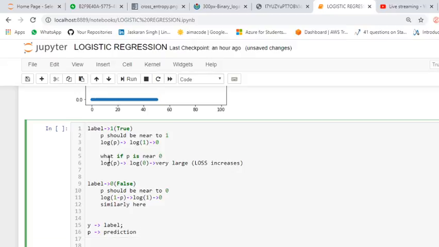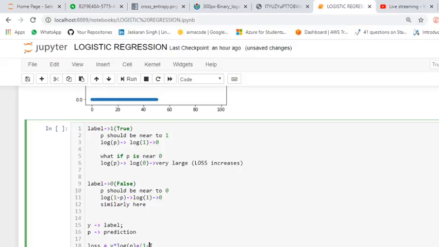So we want a loss such that if the label y is 1, then the loss would be log p. But if the label is 0, then y is 0, so this term becomes 0.